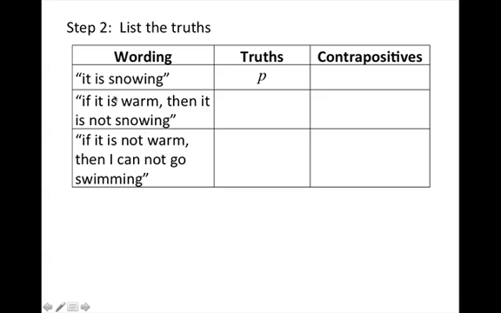Well, being warm was my Q. Snowing was my P, so not snowing is not P. So I have Q implies not P. Since this is an implication, I want to list the contrapositive. So switch the order and change the sign, and I have P implies not Q.